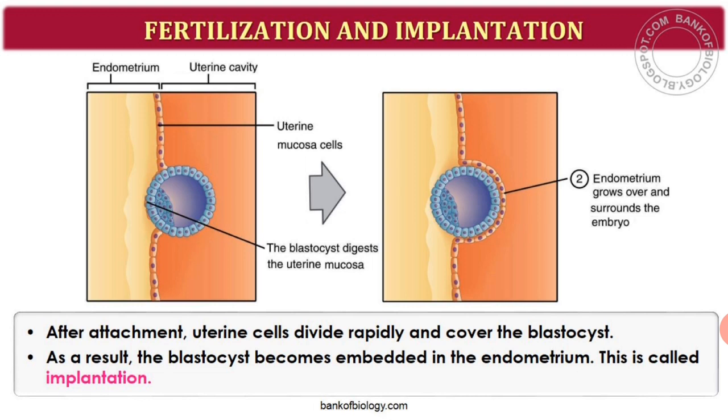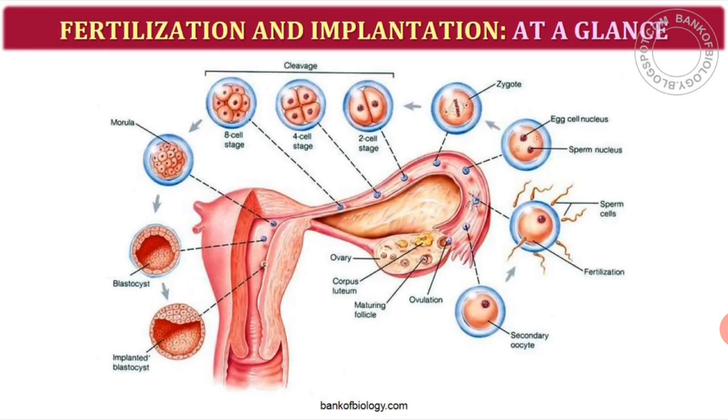At ovulation the egg is in the secondary oocyte stage. Next is fertilization, when the egg is attacked by sperms and only one sperm penetrates the egg, and the egg cell nucleus and sperm nucleus are together. The next diagram shows the formation of the zygote, with the arrow mark shown on the right side.